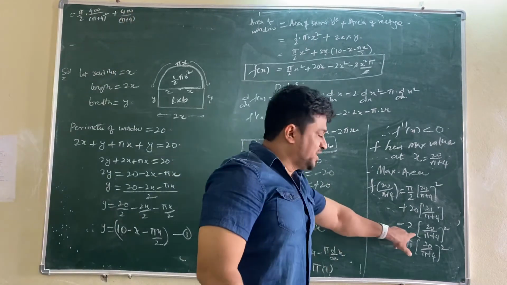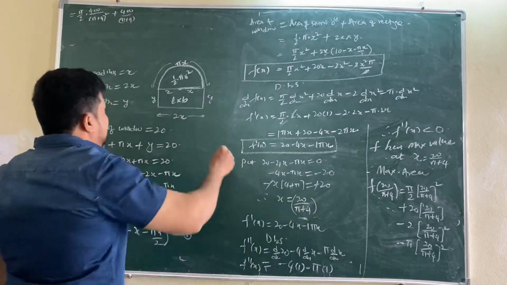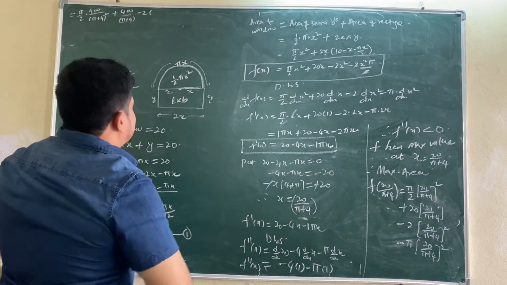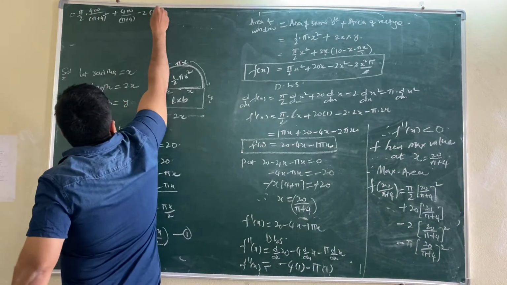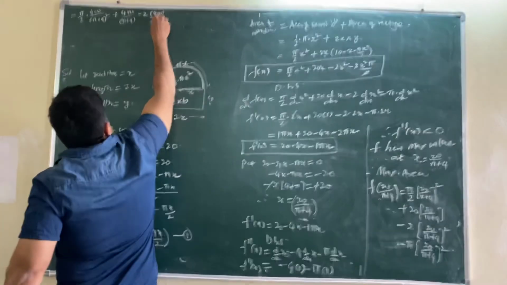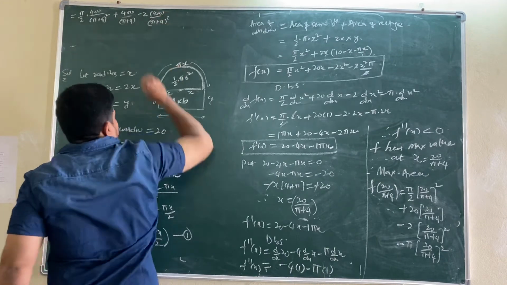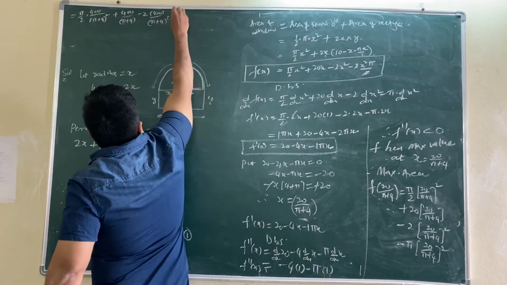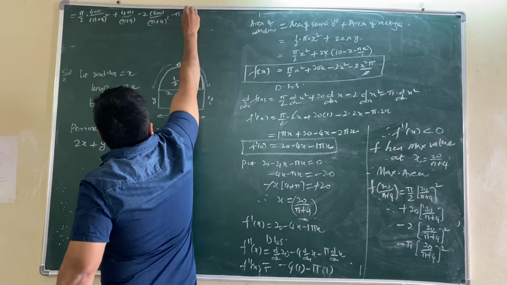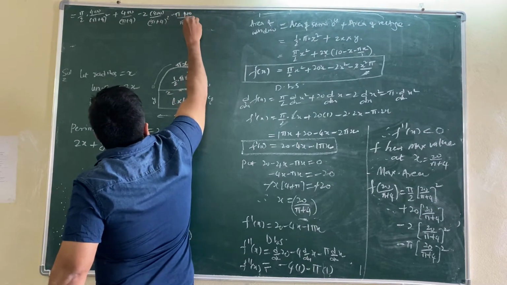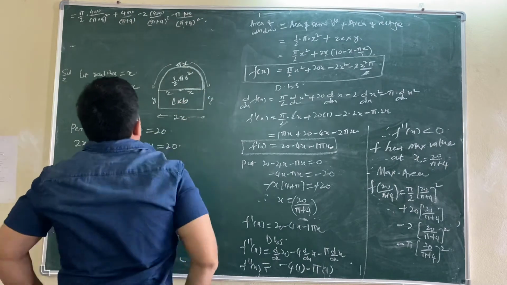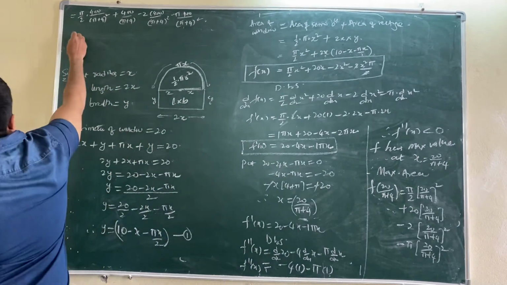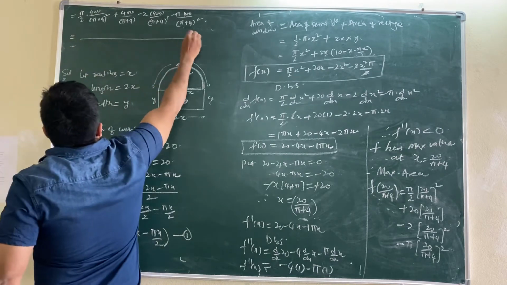Then minus 2 into, don't multiply 20, minus 2 into 400 by pi plus 4 whole square, then minus pi into 400. Clear?